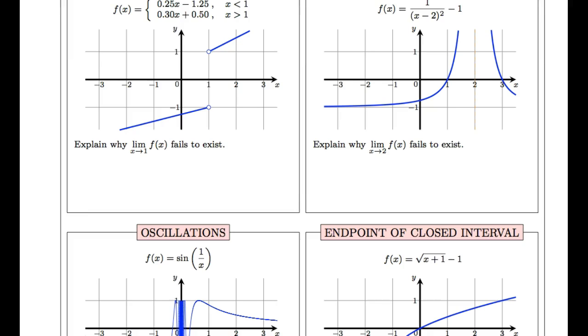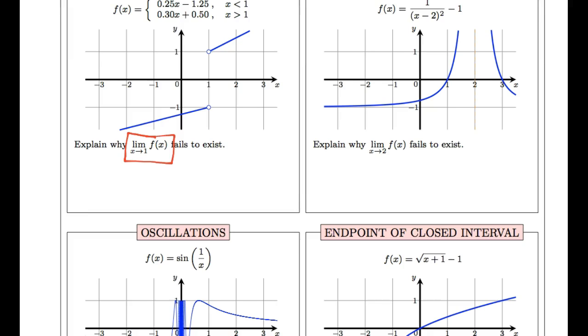Here's this piecewise function, here's each equation. And here are the unequal one-sided limits. Explain why the limit as x approaches 1 fails to exist.